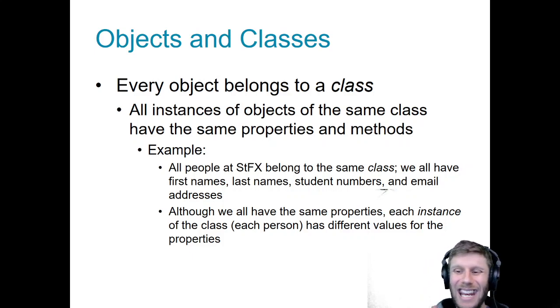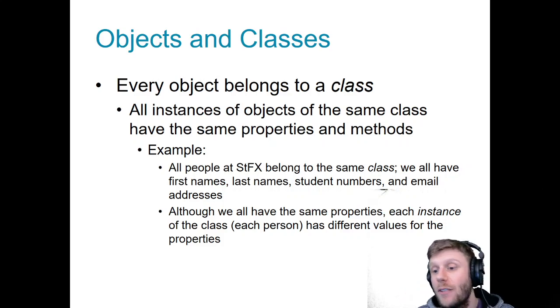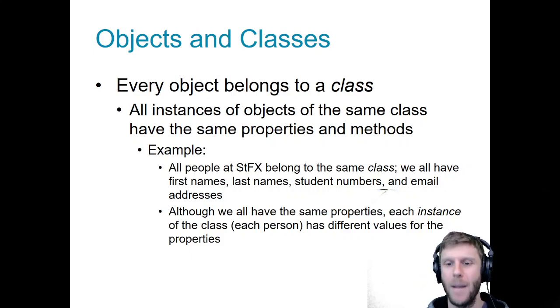But each instance of that class, each student object that we create, will have different values for those properties. Someone in here has the first name James, and another has the first name Bob. Both people have the attribute first name, but the values associated with it are specific to the instances.